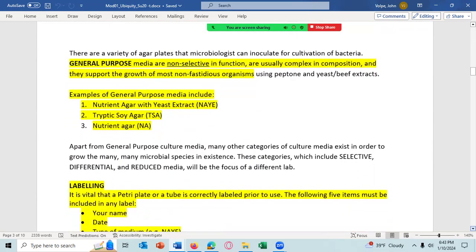There are a variety of different media microbiologists can use. Today, we're only going to talk about one, the general purpose media. A general purpose media is non-selective in function.